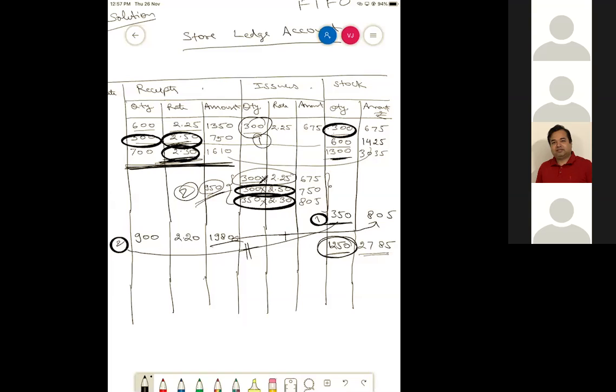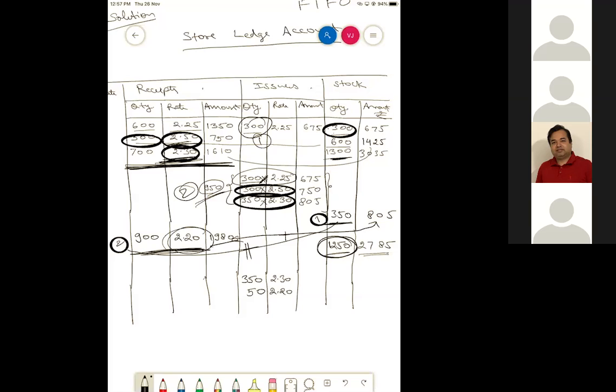So first we will issue 350 quantity, which is left, at 2.30. The rate would be 2.30, and the balance of 50 we would be issuing from the rate which is 2.20. So here we write 2.20.